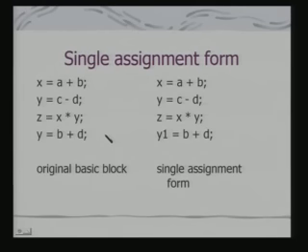So, let us take an example. This is a simple set of assignment statements. So, these can be the computation needed to be done at a node. This is a basic block. Now, this block can be rewritten where I have introduced another variable.